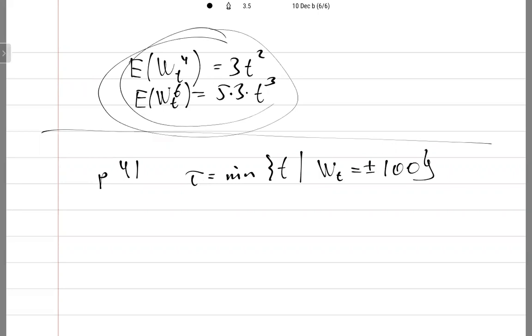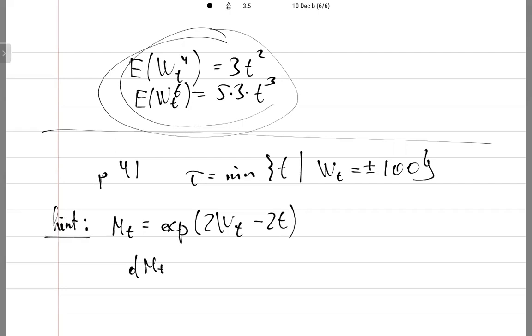Let's apply some... we have a hint. M_t is the exponent of 2W_t minus 2t. You just calculate dM_t.